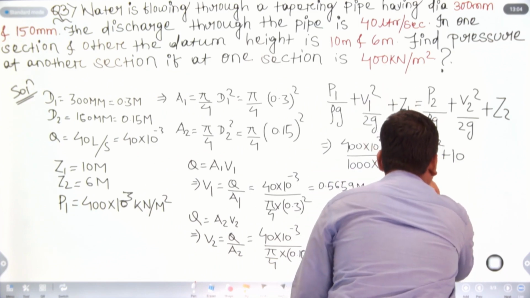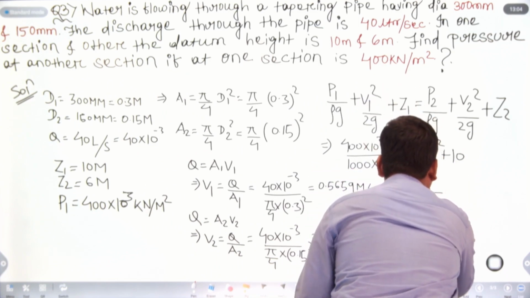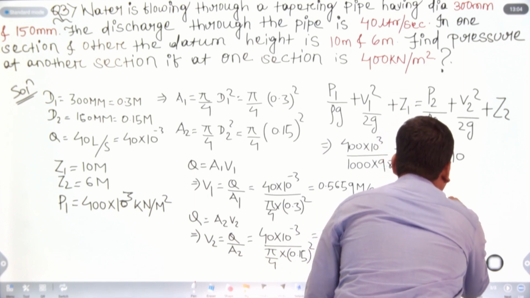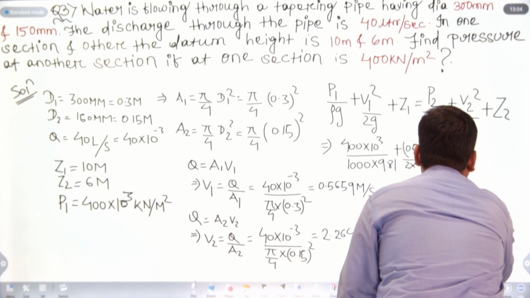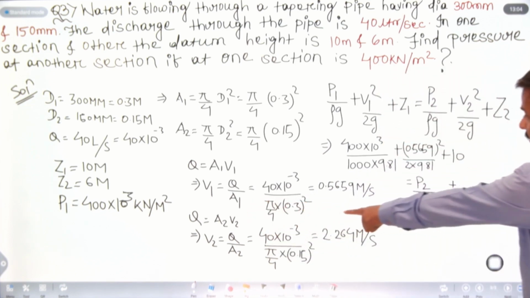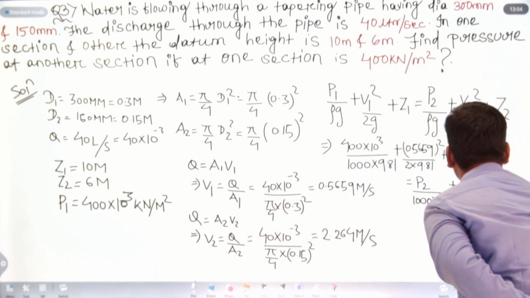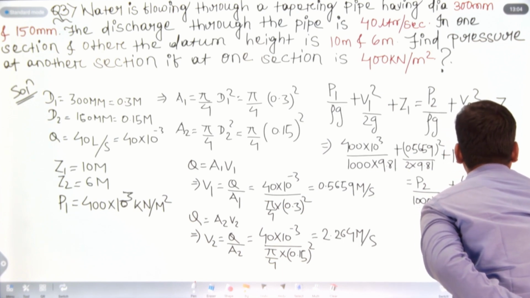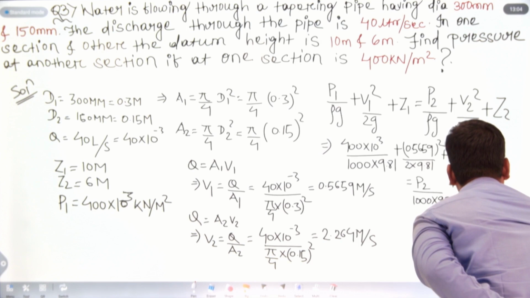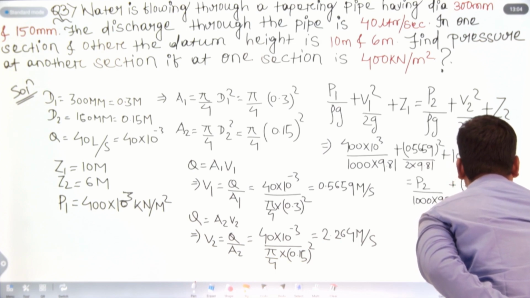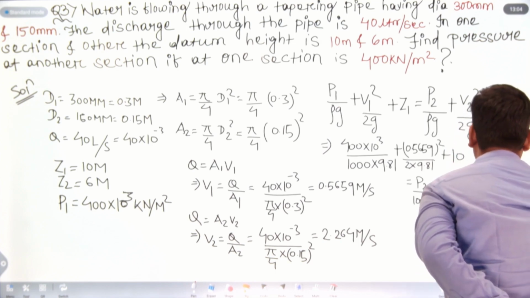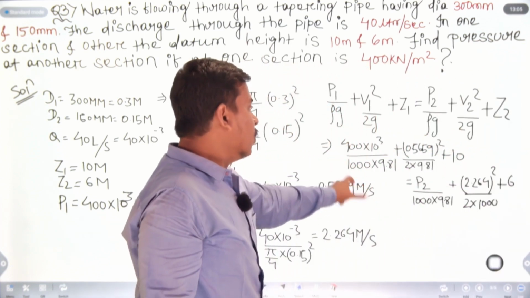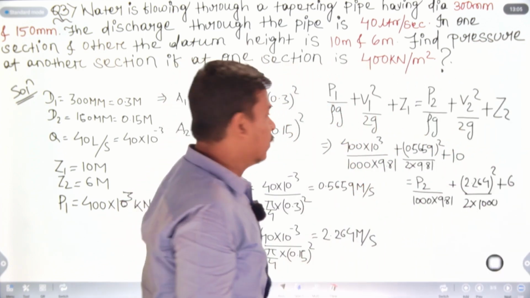We have to calculate the value of P2 divided by 1000 into 9.81 plus V2 value, your V2 value is equal to 2.264, divided by 2 into 1000, plus 6. Simplifying the above equation, we find the value of P2.